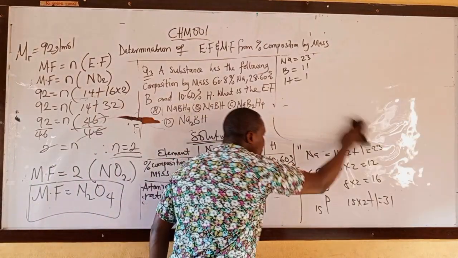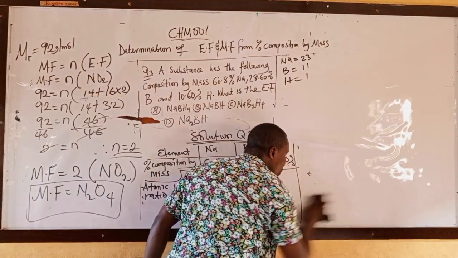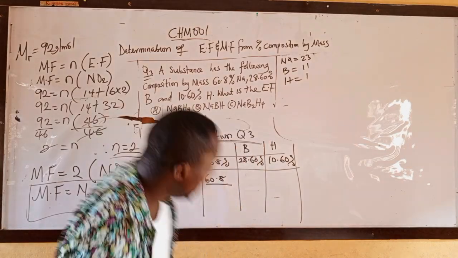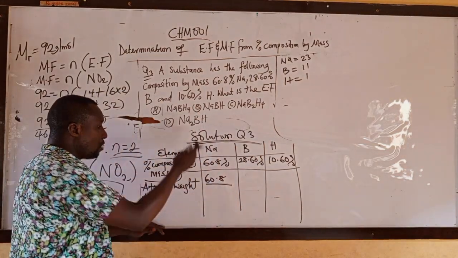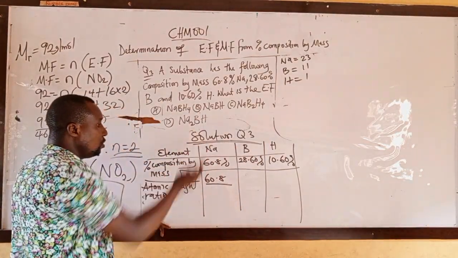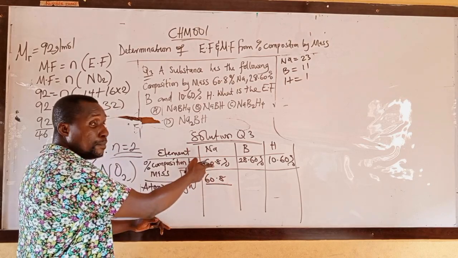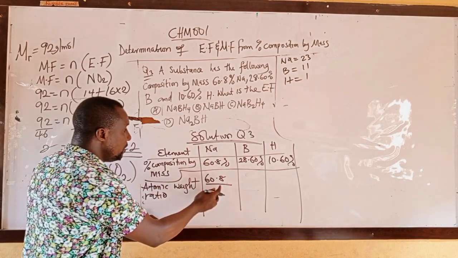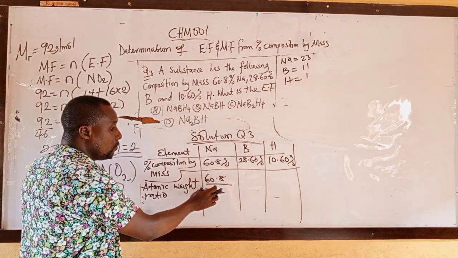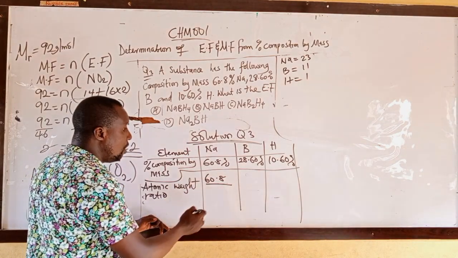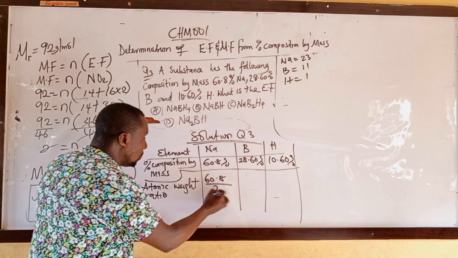Then from here, let's move. We have the atomic weight ratio. That is, sodium is what? The percentage composition by mass of sodium divided by the atomic mass, or atomic weight, of sodium, which is 23.